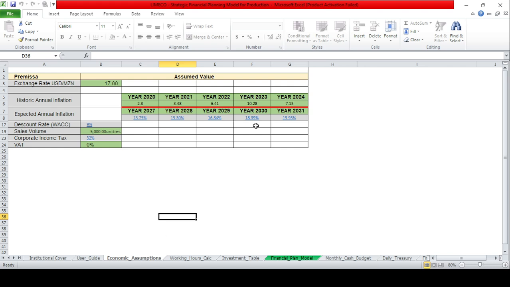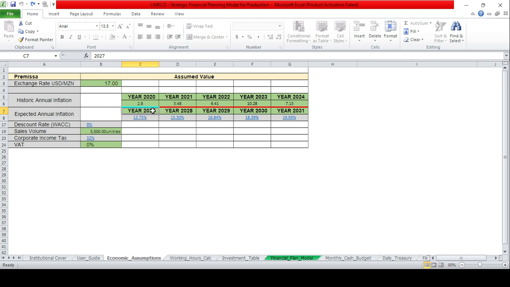This is the assumptions sheet, and here you can insert the exchange rate, and here you can insert the historic annual inflation. Insert what you want for the historic annual inflation, and here you insert the year where you desire to start to explore the business.